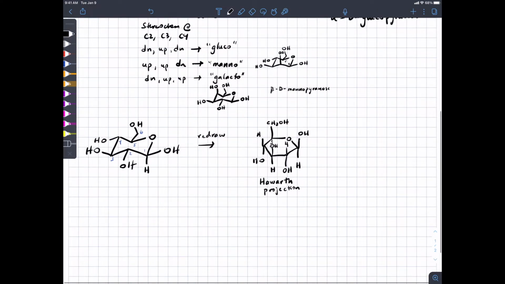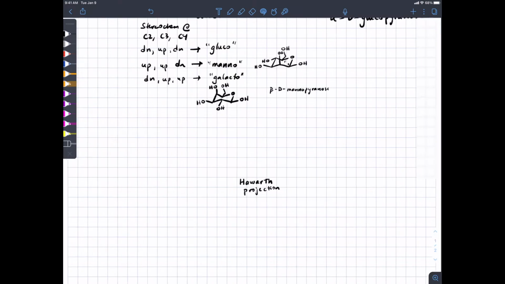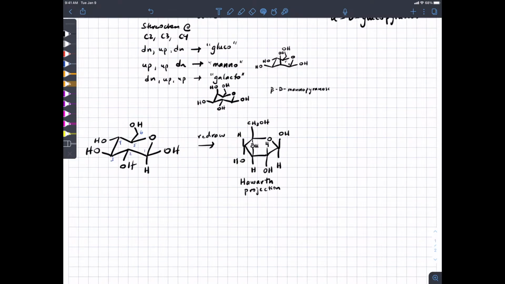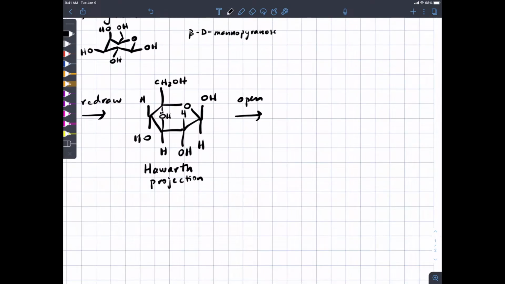Now, it gets worse, because people will then, because they are scared of drawing 6-membered rings, instead open up the ring to get a new kind of shape.